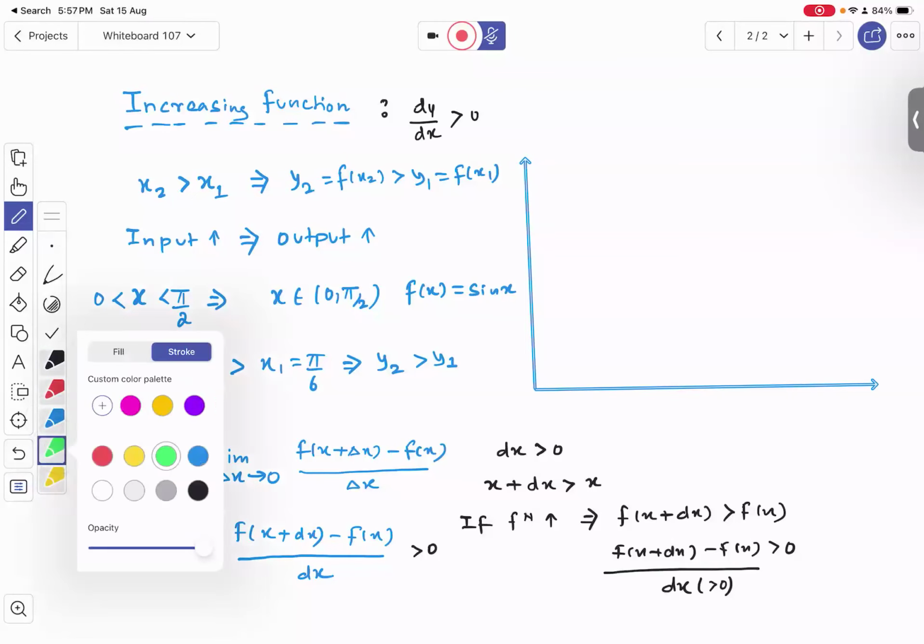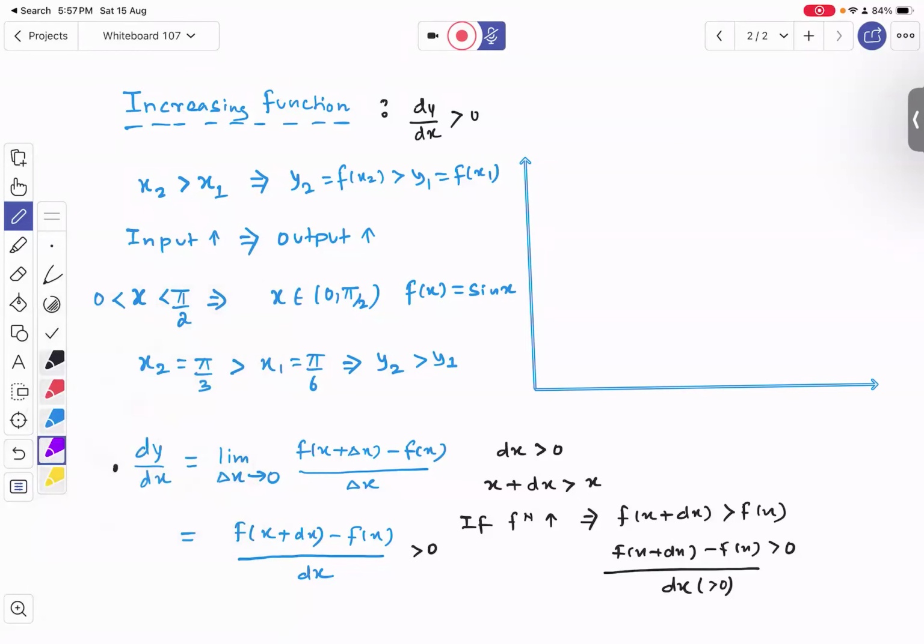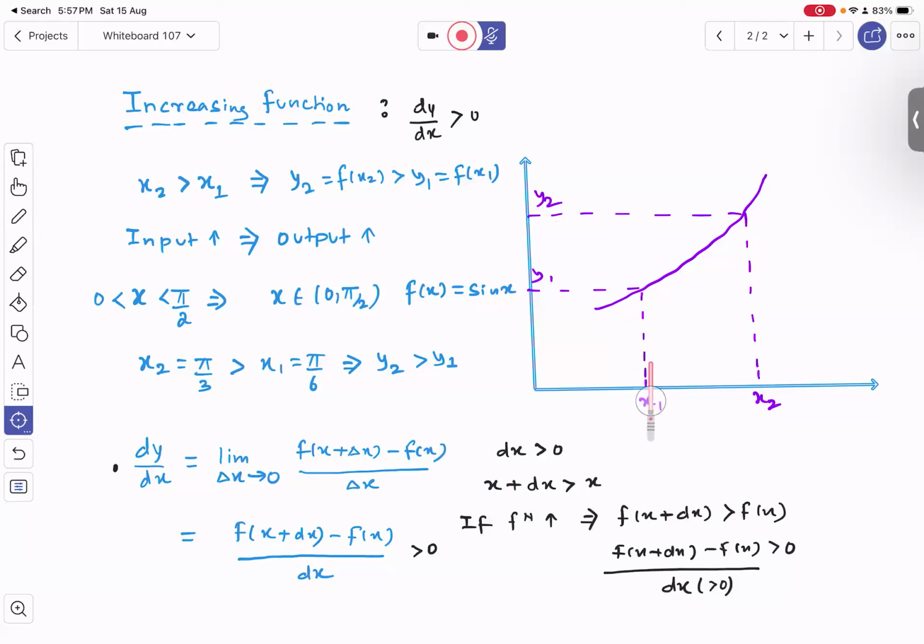If I draw a function which has an increasing trend, it may look like this. And here I take a value which is input x1 and there the output y1. Then I have taken a location where the input is x2, which is bigger than x1, and there the output y2 is bigger than y1. So basically, you can see from the graph that as x increases, y also increases.